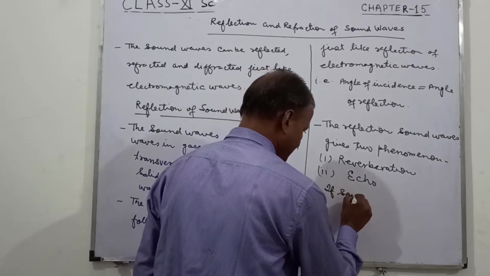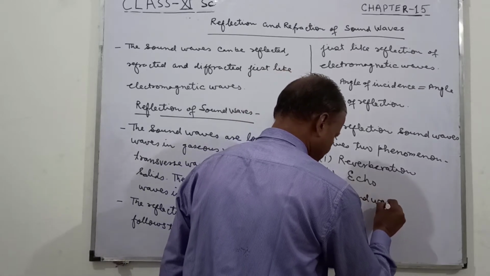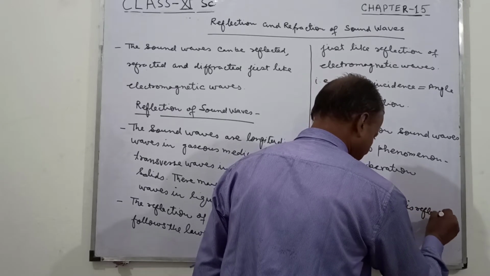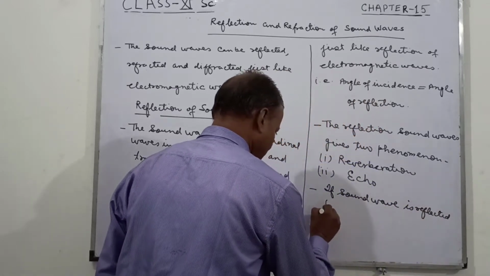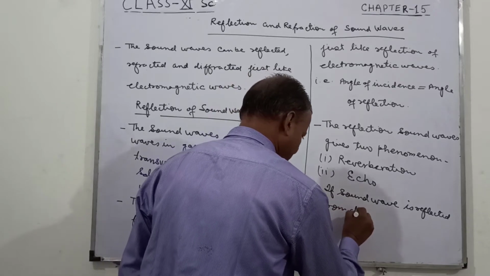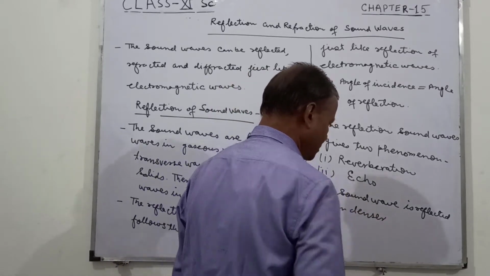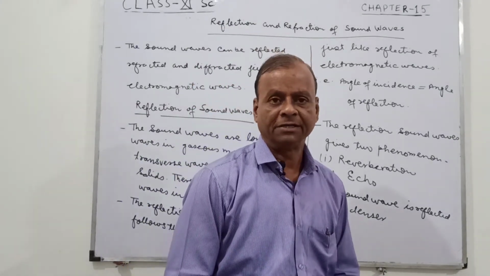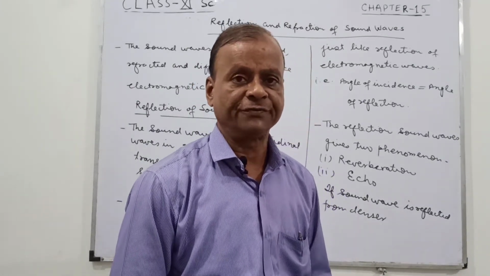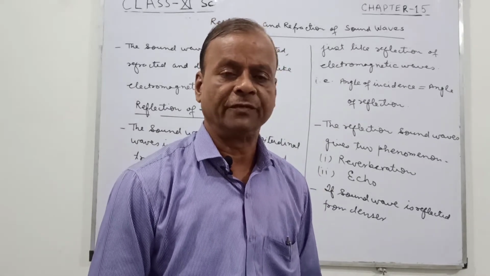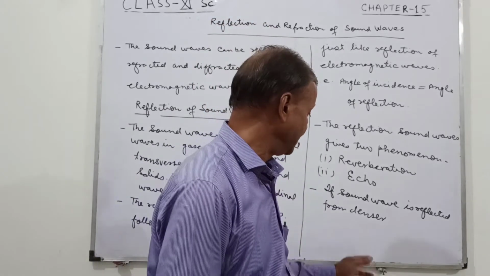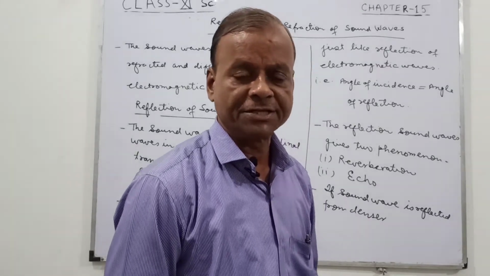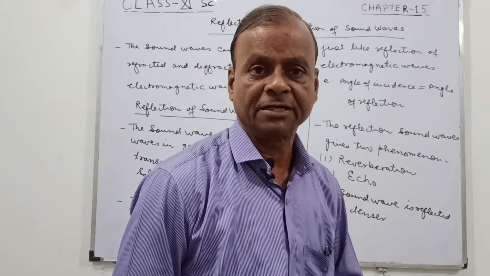If sound wave is reflected from denser medium, suppose the wave is moving in the air and then it is reflected by the water surface, then water is the denser one. So when this is reflected, then you know that in gases we have the rarefaction and compression.